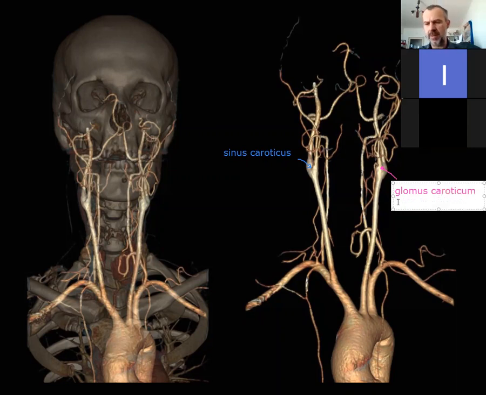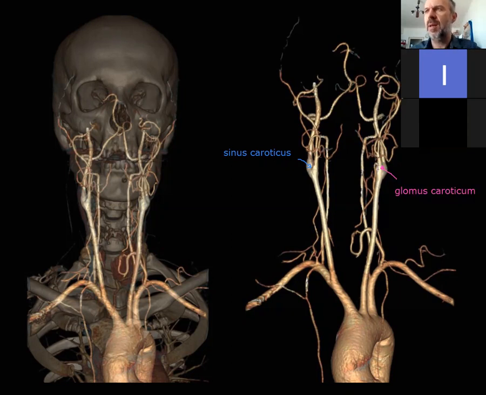So please do not mix them. Yeah, carotid body is in the bifurcation, and it's chemoreceptor for a level of the oxygen, partial pressure of oxygen in the blood, and carotid sinus is the enlargement of the beginning of internal carotid artery, and it's a baroreceptor for the blood pressure. Yeah, both are innervated by glossopharyngeal and vagus nerve and serve for the reflexes.